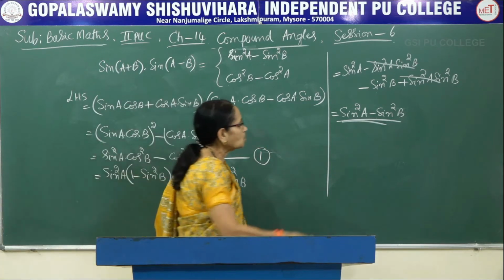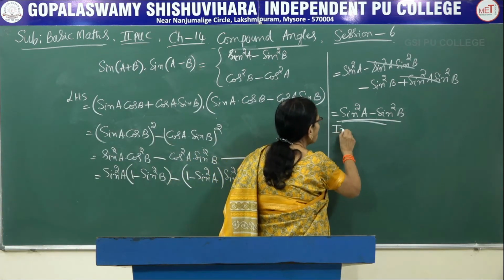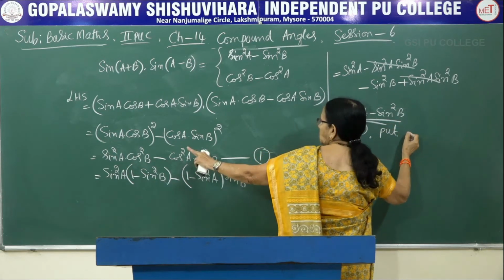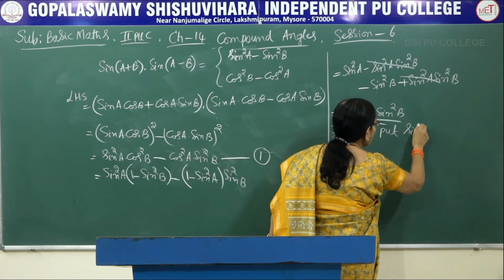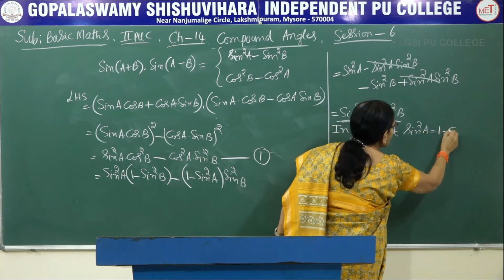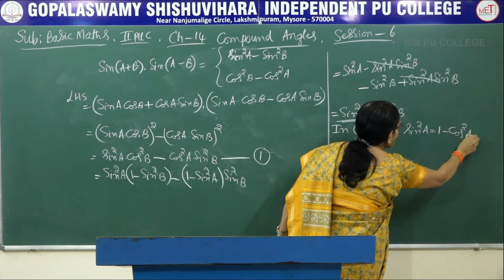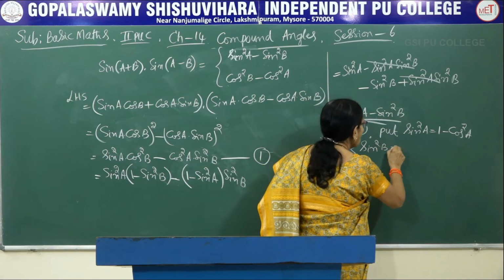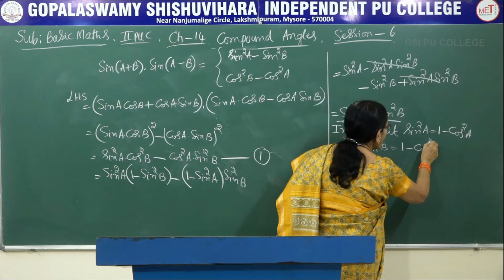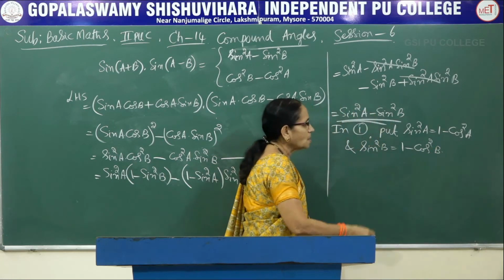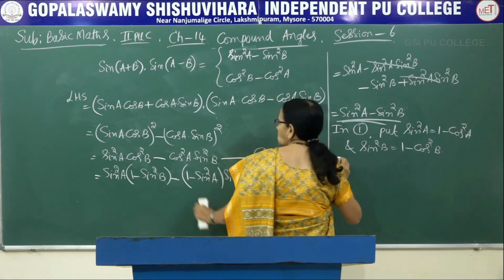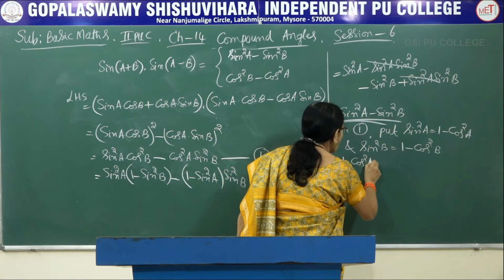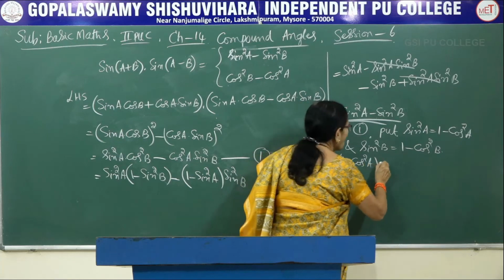Now here, to get that result, in one, put sine square a as 1 minus cos square a and sine square b as 1 minus cos square b. Since we want to eliminate both the sine terms, this would be equal to, go to the first result here, 1 minus cos square a into cos square b.